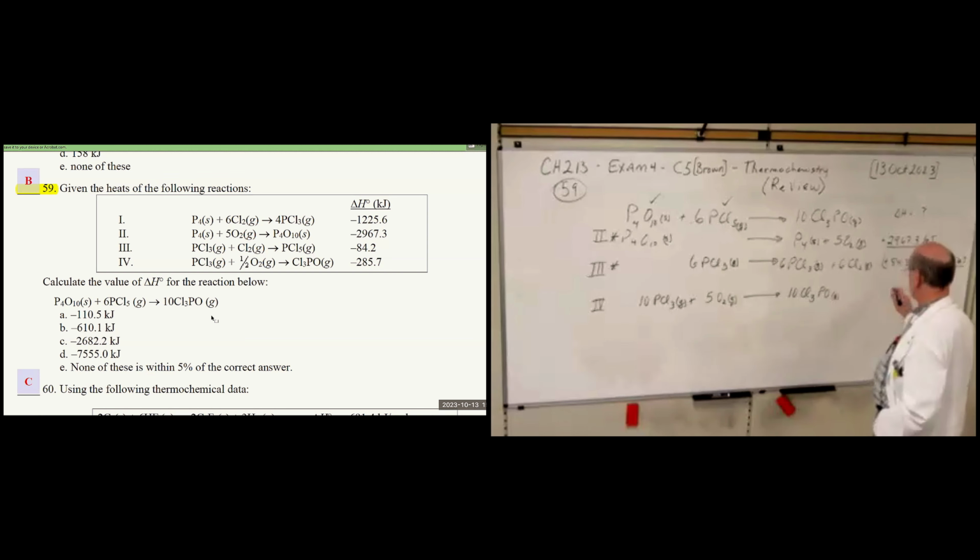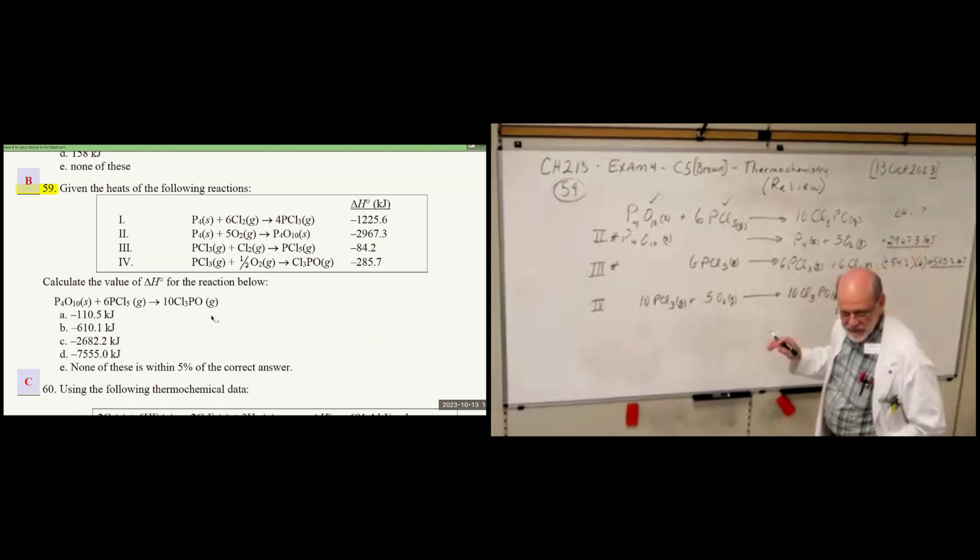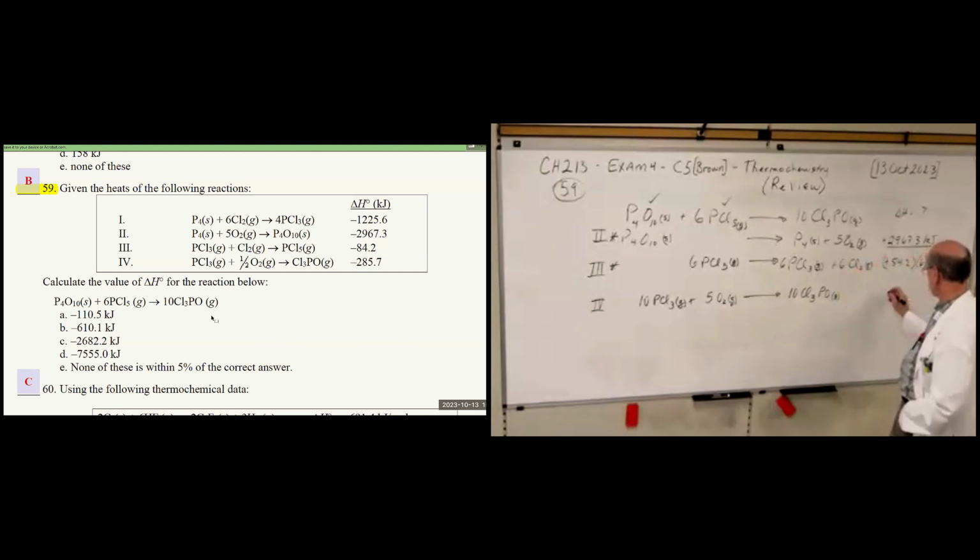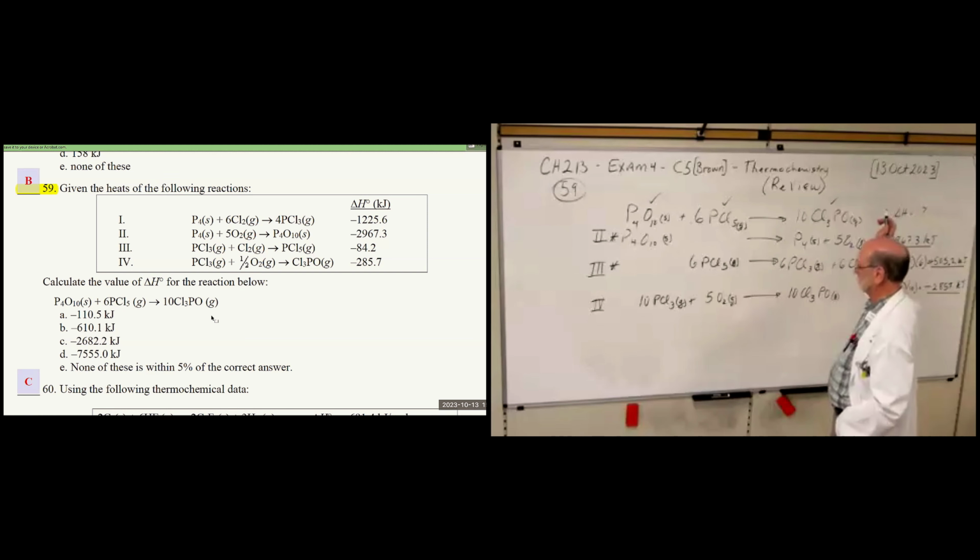And we didn't have to flip it, so it's minus 285.7 times 10, or minus 2857 kilojoules. That takes care of this one.